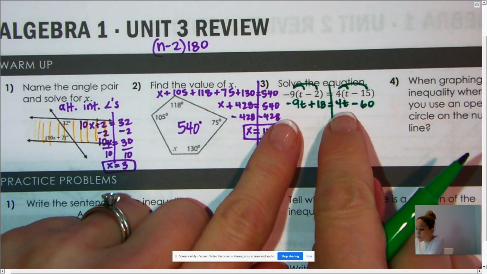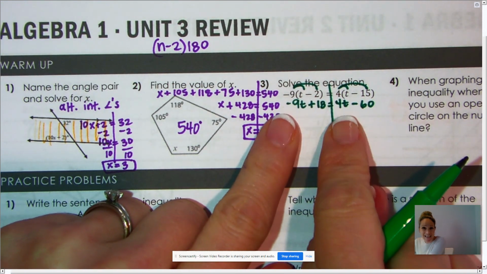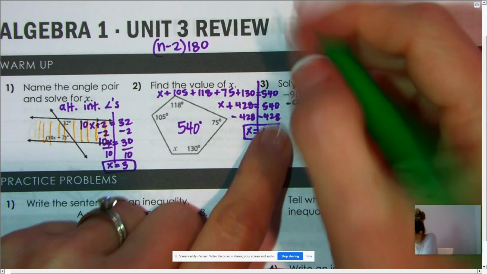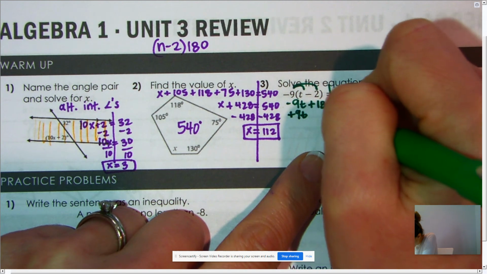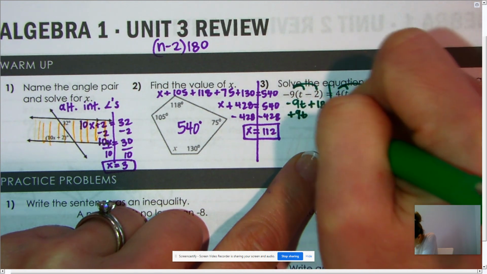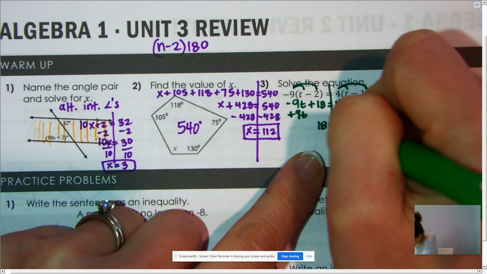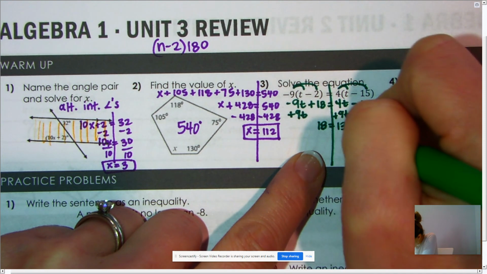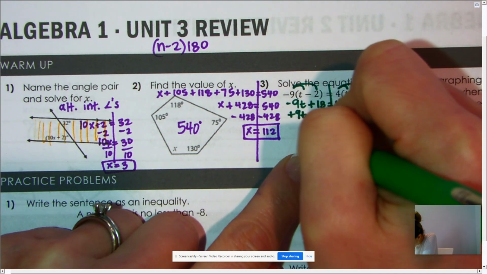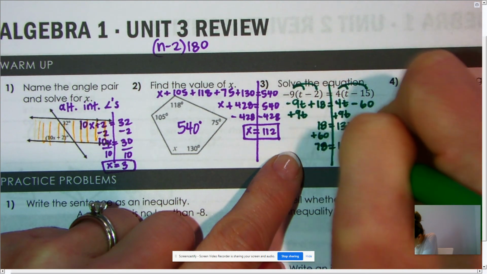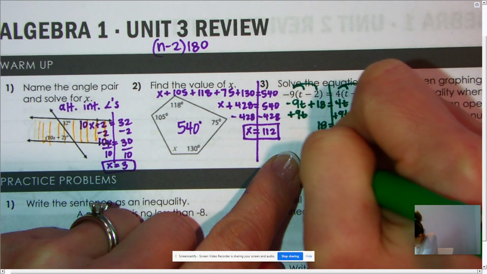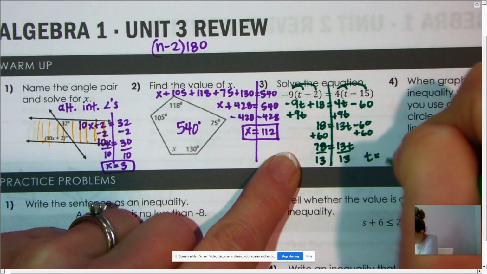So even though 4 is smaller than 9, because 9's a negative, that's a smaller value. So I'm going to do the opposite of the minus 9t, which would be plus 9t. So I have 18 equals 13t minus 60, and then I'm going to add the 60 on both sides. So I have 78 equals 13t, and 13 actually goes into that evenly 6 times.